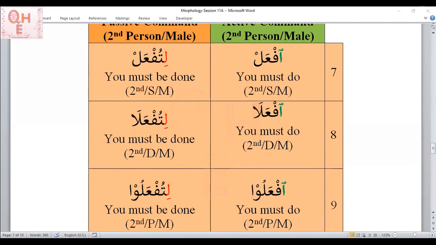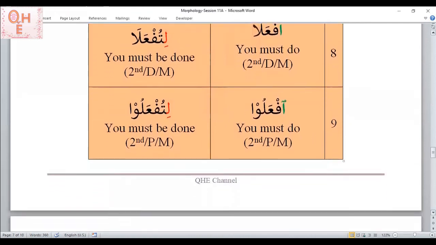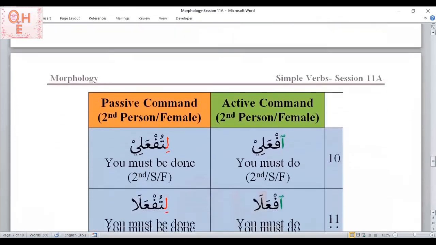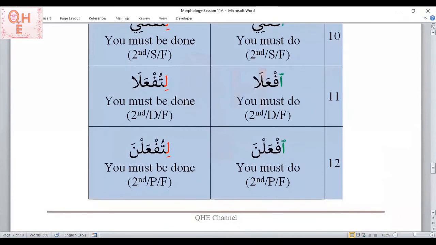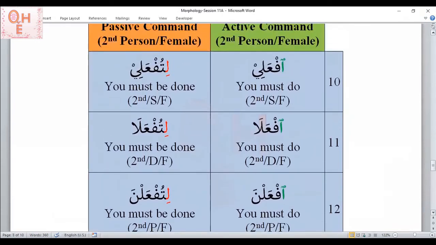Now let's look into second person female group. Again, because it's second person, there won't be any prefix, there won't be any lam kasra for the active commands. So when the doer is a second person singular female, the verb is if'ali, you must or should do.